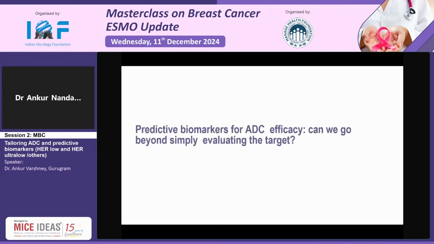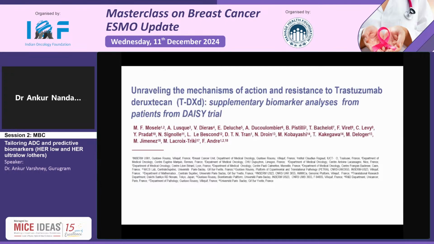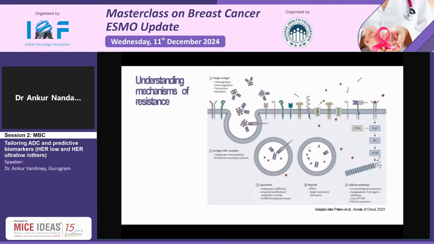So definitely after testing, we can go on to study further biomarkers for the efficacy of this drug. And we have the results from the DAISY trial, where the resistance mechanism for T-DXd was studied.